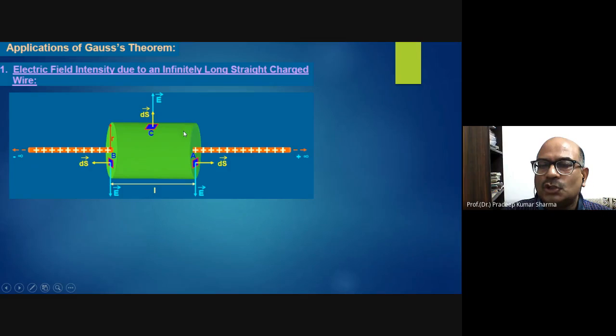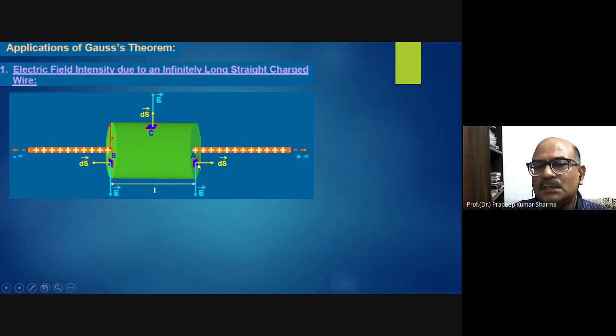To apply Gauss theorem, we have to cover the charge on this wire by a hypothetical surface.